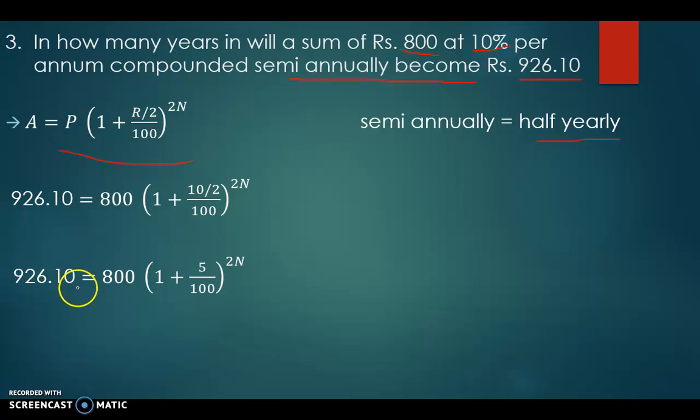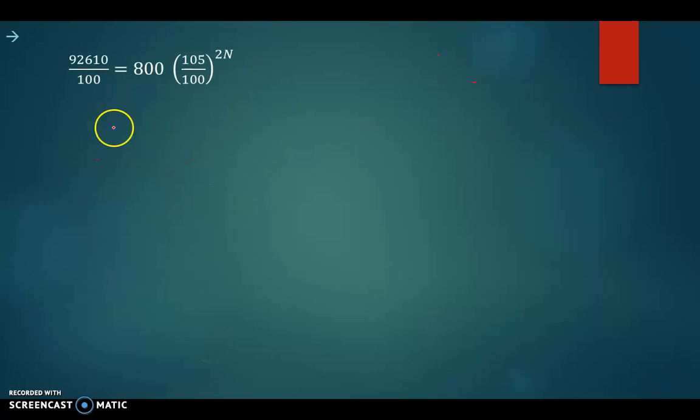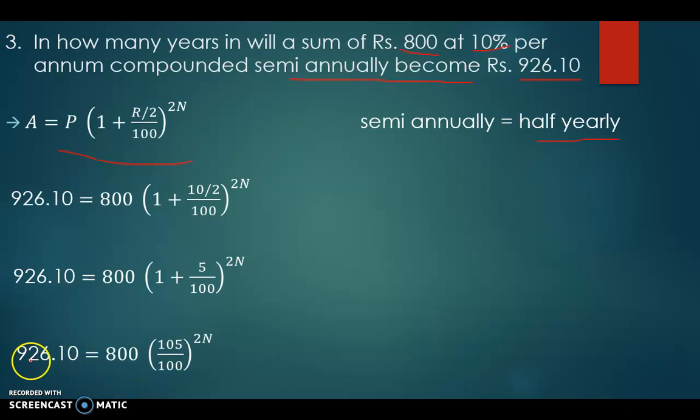Here 926.10 is equal to 800 into 1 plus 10 by 2, which is 5, so 5 upon 100 raised to 2n. So now 100 multiplied by 1 is 100, 100 plus 5 is equal to 105 divided by 100, raised to 2n. Okay, so now we write down the formula like 926.10, then we find 926.10 upon 800.